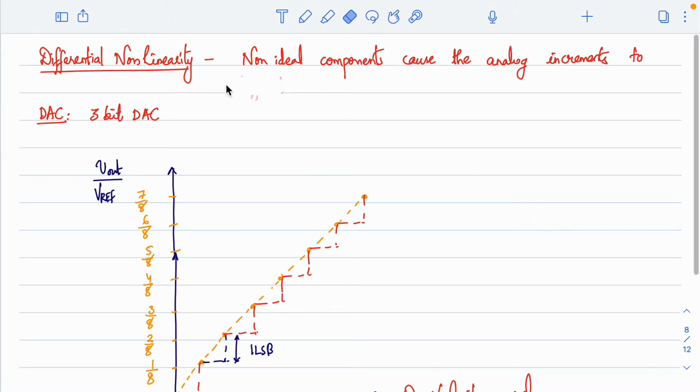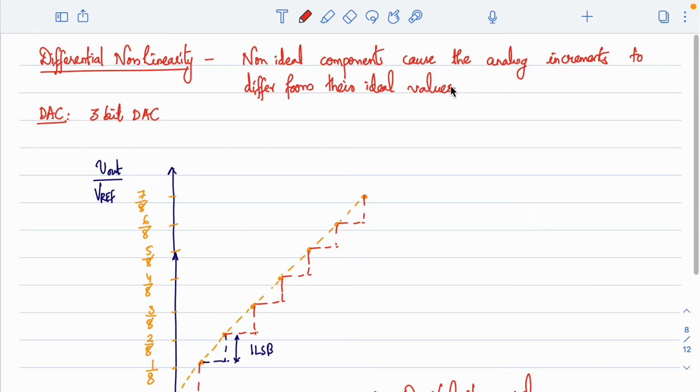Let me just write the definition here. Analog increments differ from their ideal values, right? The ideal value is always 1 LSB.